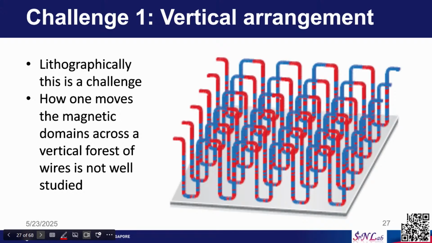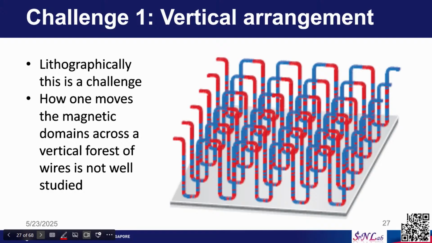Okay. So, we have learnt about how do we write information, how do we move information. Reading is based on TMR, magnetoresistance concept, which we have already learnt. But this domain wall device concept has many challenges. One challenge is how do you fabricate vertical wires.